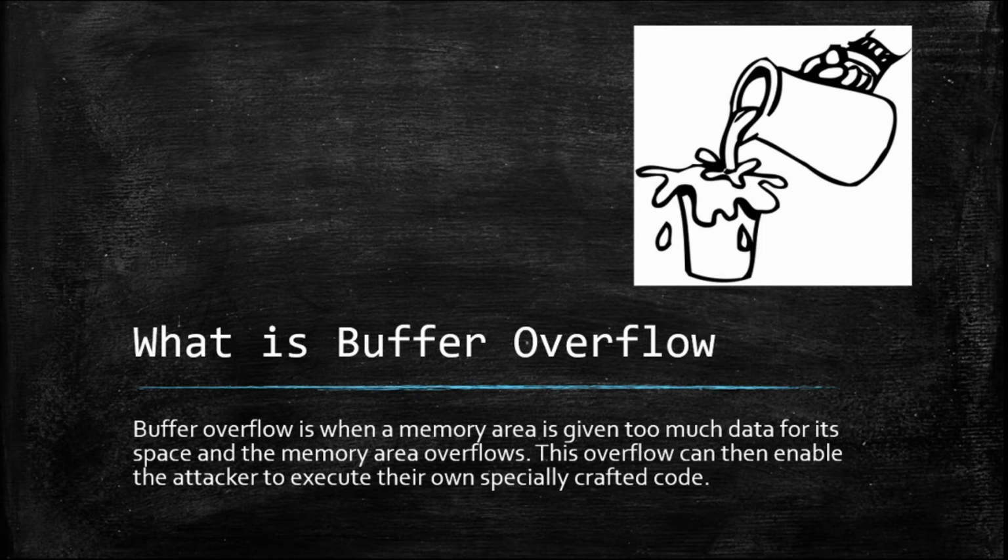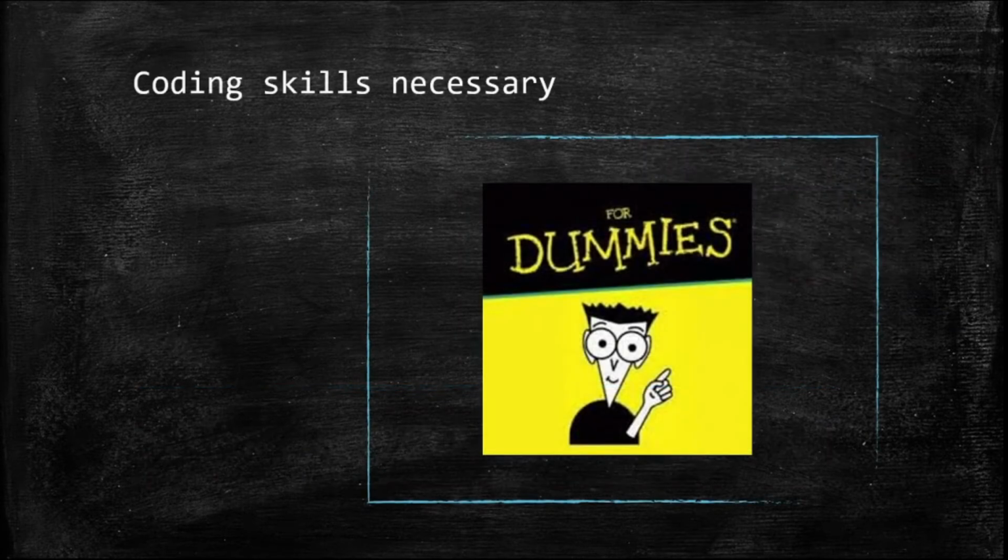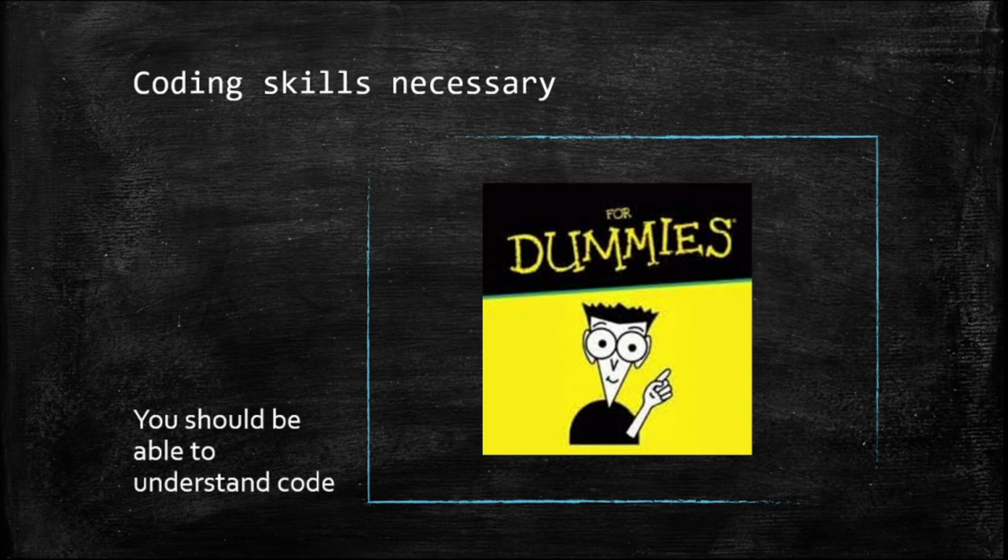So now I know I said it's a for dummies course. I'm going to make it as simple as possible. However, it is very, very important that you know how to understand code, how to read and write code. You don't have to be an expert, but you should have an idea of how to understand code.